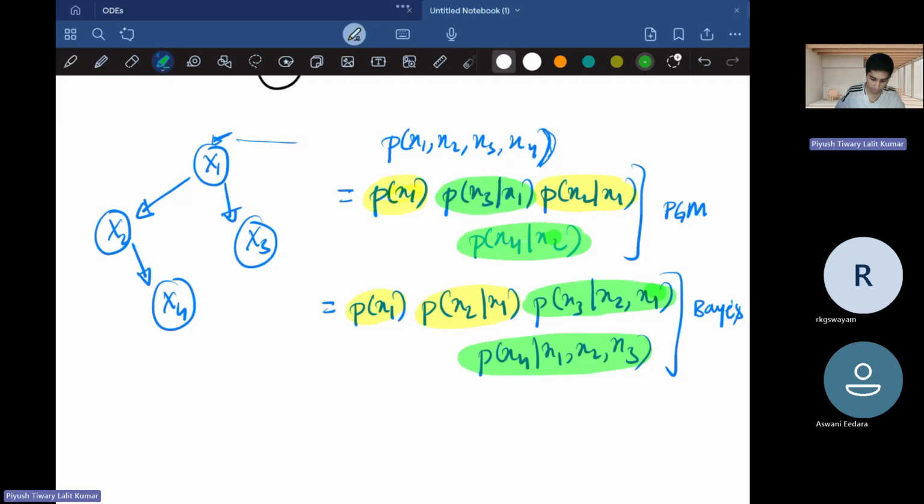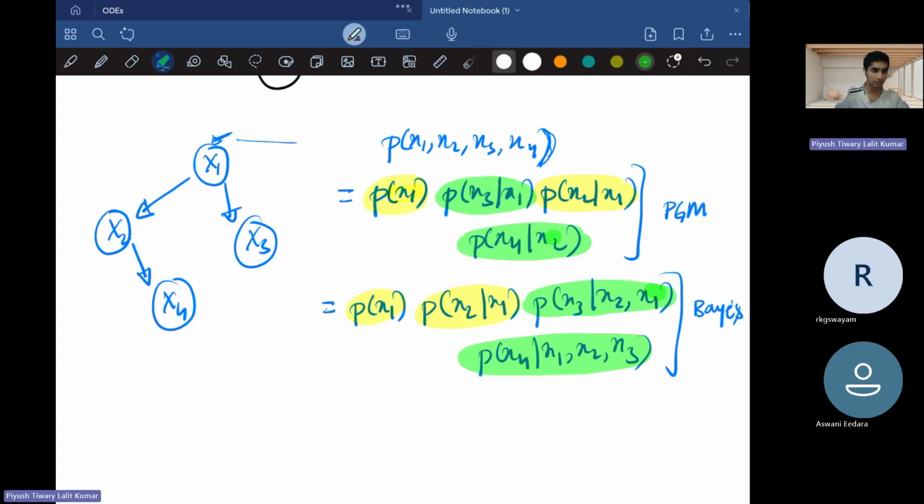However, the PGM is telling you that you just need to know x2, then you can sample x4. So this is what PGMs do. They add additional structure on top of your random variables, and because of that, the decomposition becomes much simpler compared to Bayes rule. Is that clear?